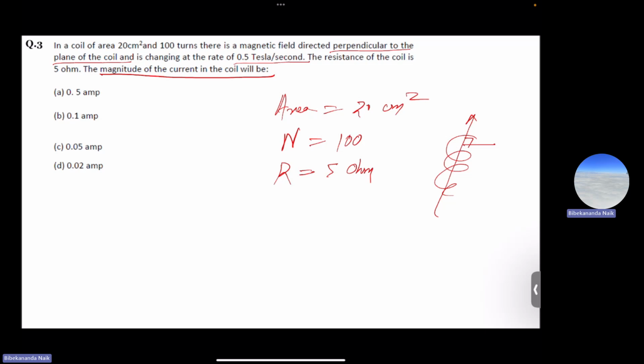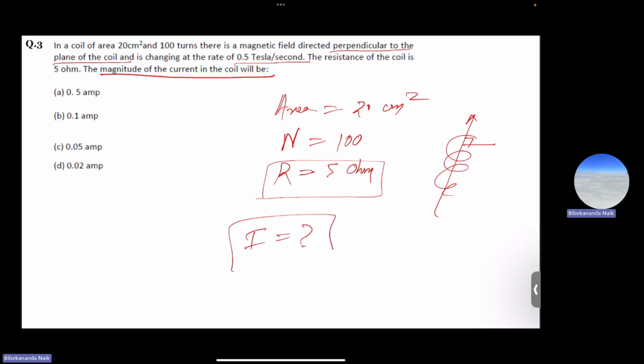So if you remember the first question that we solved today, it was related to the concept of electromagnetic induction, and in that question it was discussed that the induced EMF is independent of the resistance of the wire. But why here is the value of resistance given? Because here we need to find out the current.